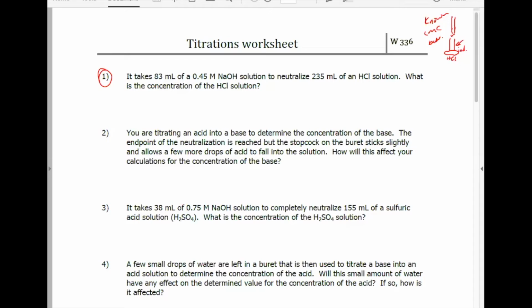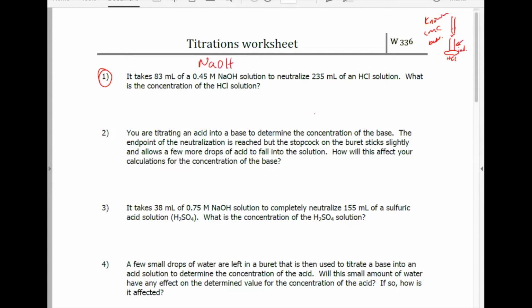For this problem, it says it takes 83 mL of 0.45 molar NaOH solution to neutralize 235 mL of an HCl solution. What is the concentration of the HCl solution? And that's what we have seen in the lab. A couple of things that we need to know is the chemical equation.